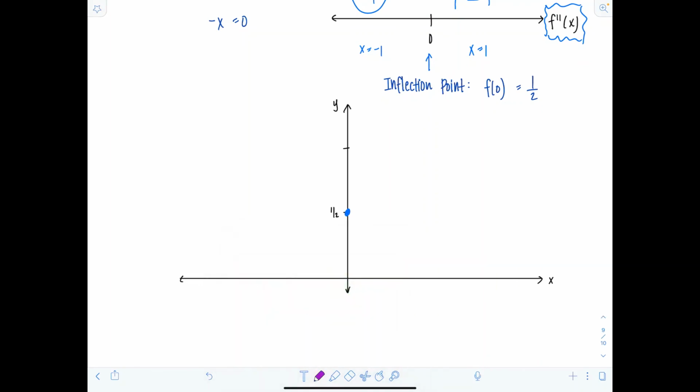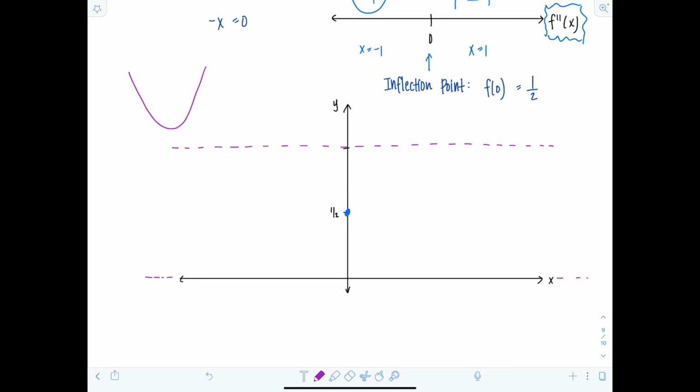So watch, I'm going to put both of them in, but remember, as x approaches positive infinity, the graph approaches 1, and as x approaches negative infinity, it approaches 0. Okay, it's concave up from negative infinity to 0. So over here, it looks like a concave up. So imagine like your parabola looks like this, right?